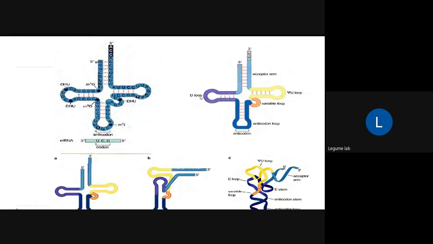Normally, a single-strand RNA, when it makes a secondary or tertiary structure, forms stems and loops. These stems and loops differentiate functional as well as non-coding RNA.